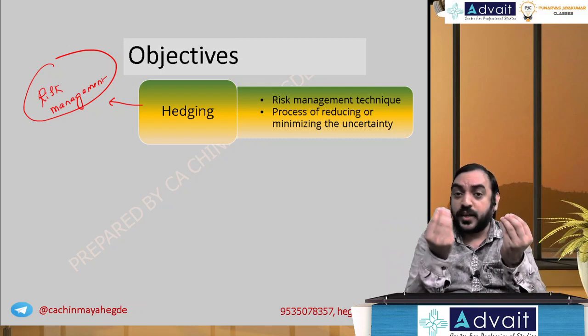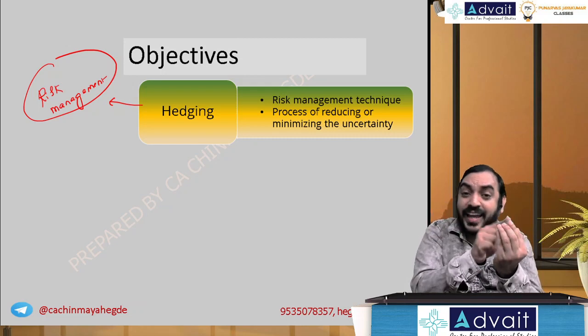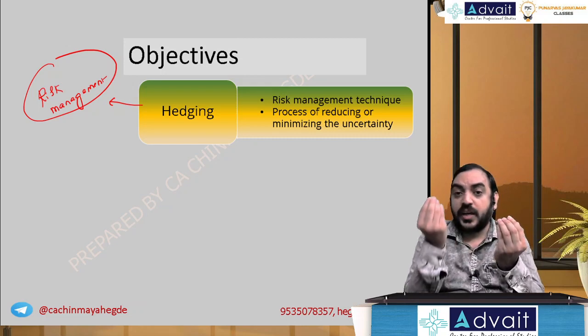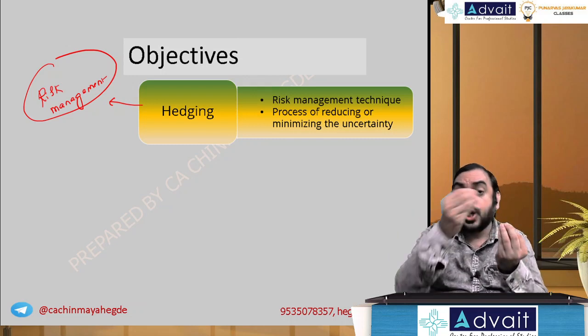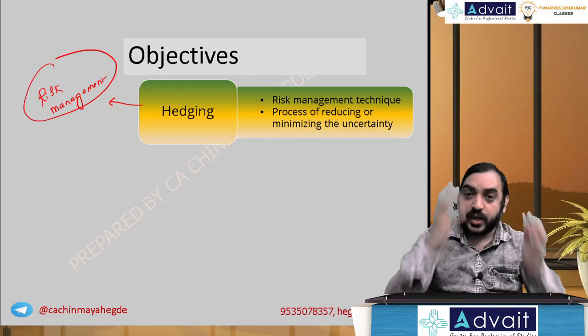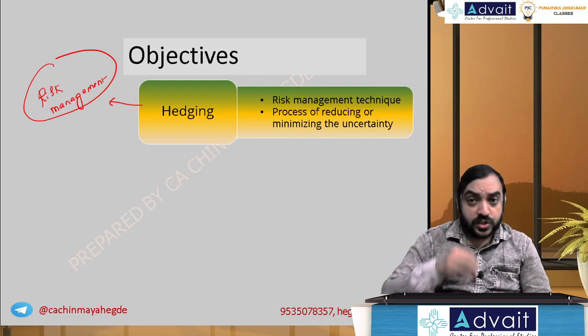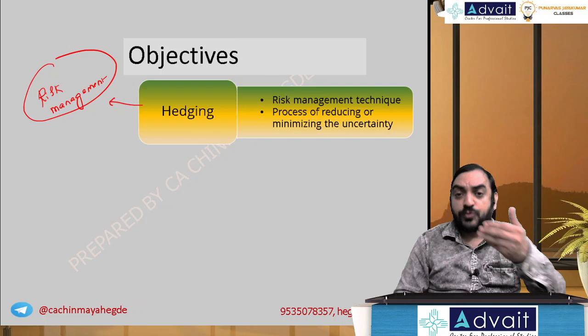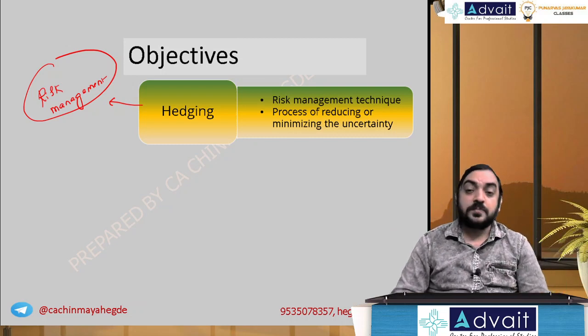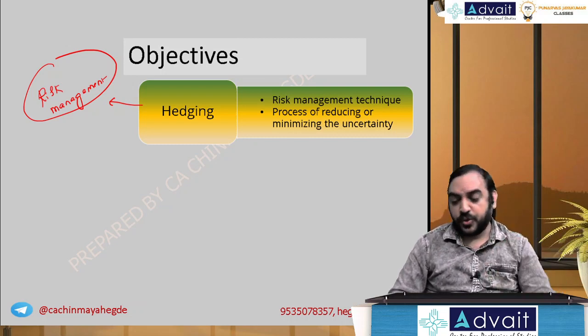That one more position we take parallel to the existing position is called a hedging instrument, and this mechanism of creating an opposite position is called hedging. Futures can be used for hedging. Options also can be used for hedging. We will come to it in the days to come. Hope you got it.